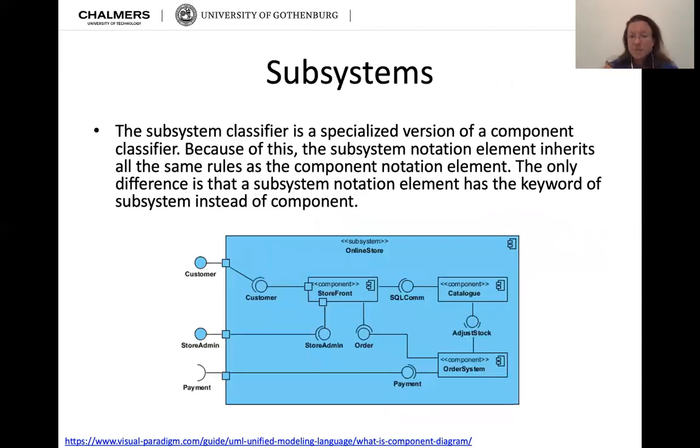And then we have subsystems. The subsystem classifier is a specialized version of a component classifier. Because of this, the subsystem notation element inherits all the same rules as the component notation element. The only difference is that a subsystem notation element has the keyword subsystem instead of component.